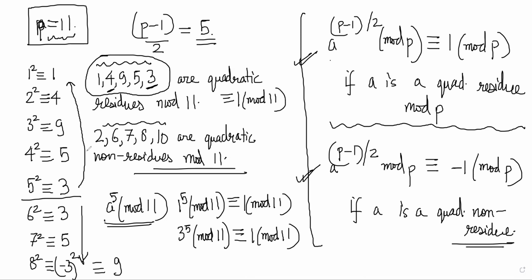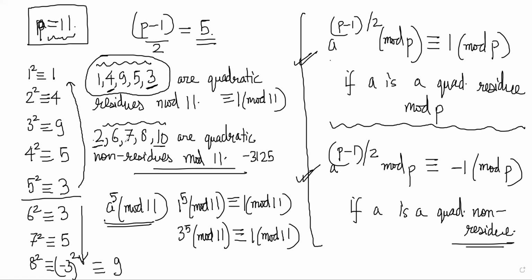And let's check out the numbers in this set now. So 2 power 5 is 32, and that is clearly minus 1 mod 11. Now 6 power 5 would be basically minus 5 power 5. So that will be minus 3125 mod 11.